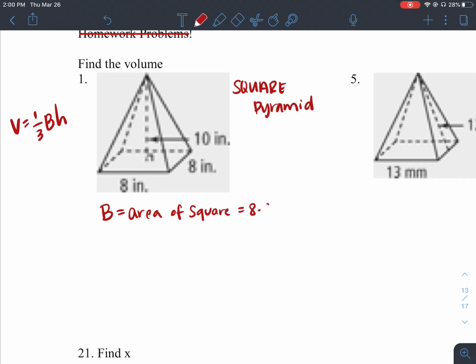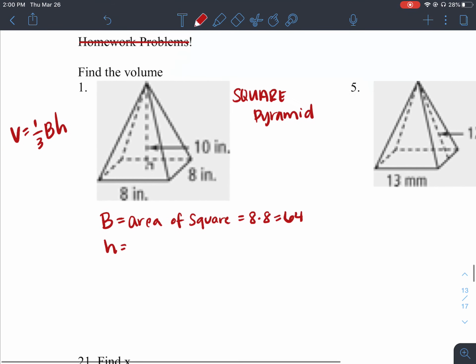For us, that's going to be 8 times 8, or 64. And then the second piece of information I need is my height. They've got that pointed out nicely for us. I know it's the height because it's got that perpendicular symbol down at the bottom. So I don't need to find it, I just know that it's 10.